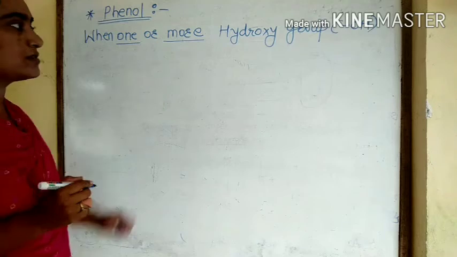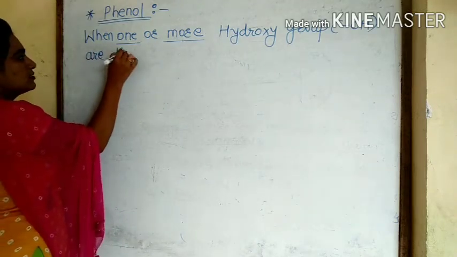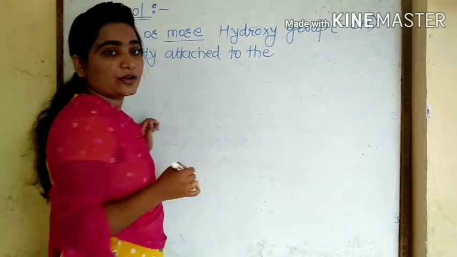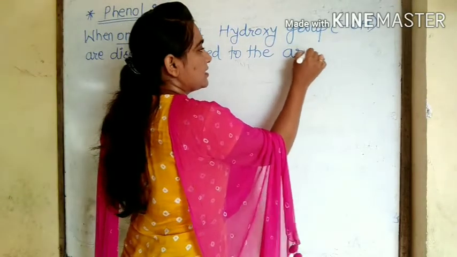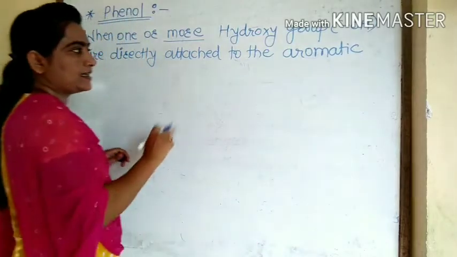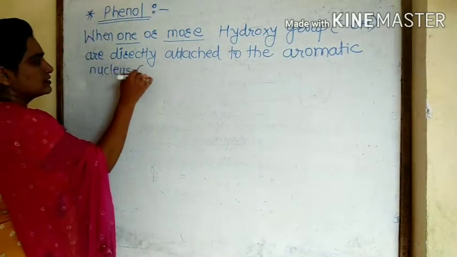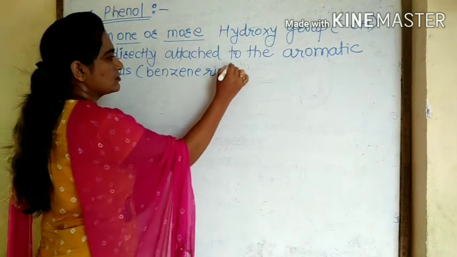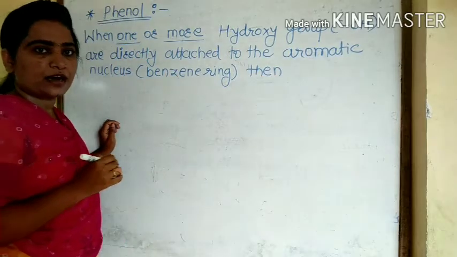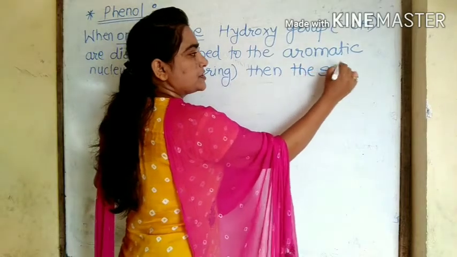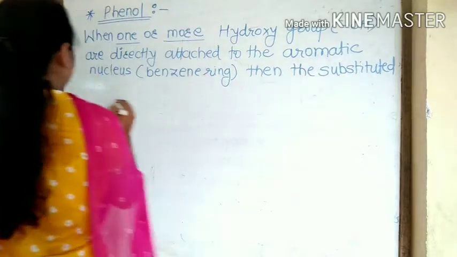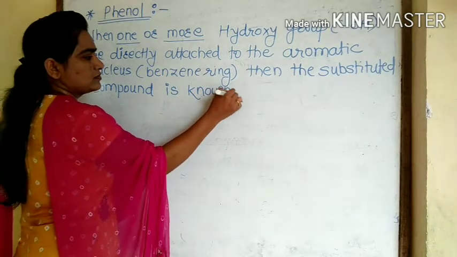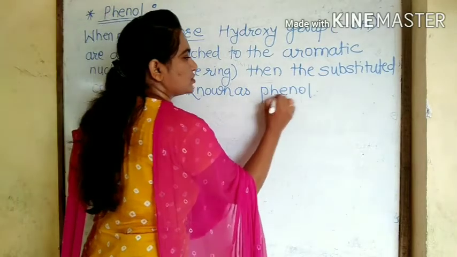When one or more hydroxy groups are directly attached to the aromatic nucleus, that is benzoid nucleus or benzene type of nucleus or benzene ring, then the substituted compound is known as phenol. Okay.